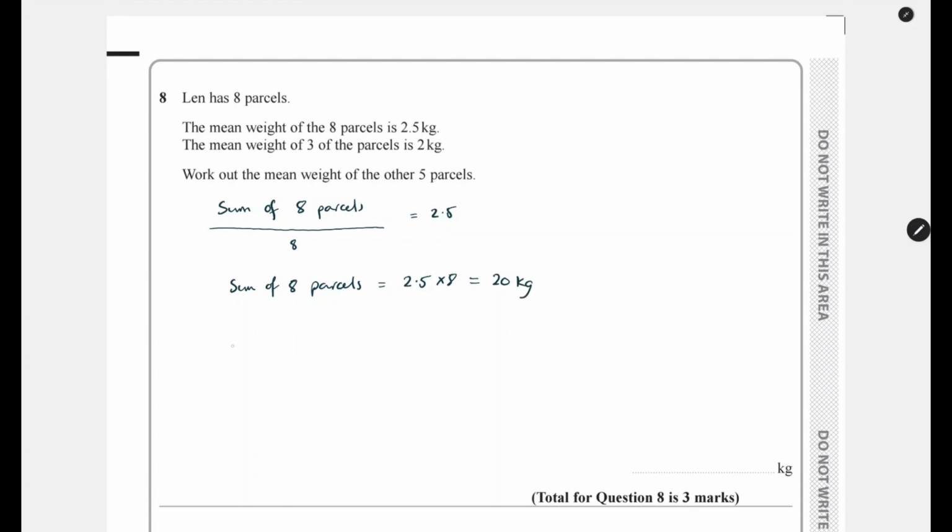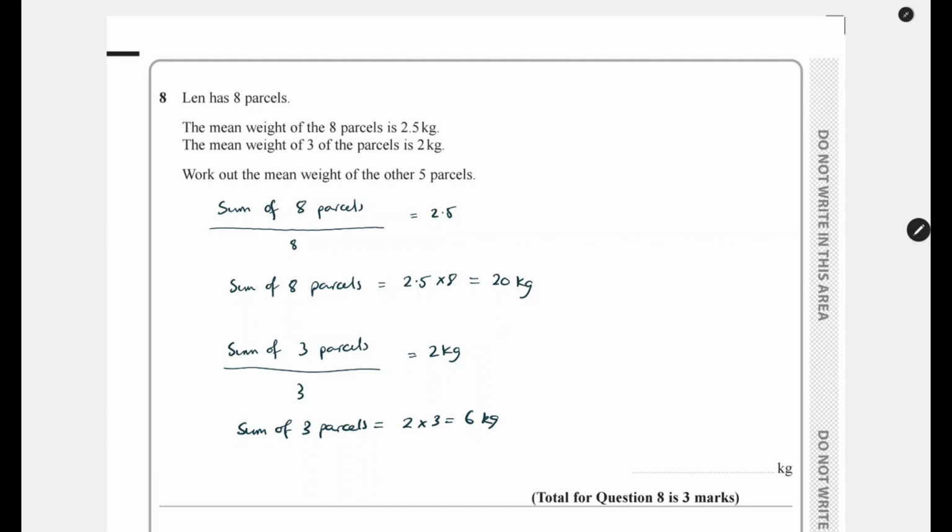If we do the same thing with the other 3, the sum of the 3 parcels over the total number of parcels, in our case 3, gives us a weight of 2 kilograms. So if we rearrange the equation, we have sum of 3 parcels is 2 kilograms multiplied by the 3, which gives us 6 kilograms.